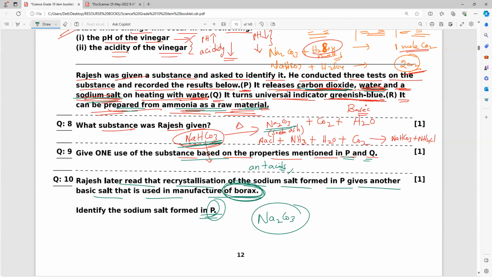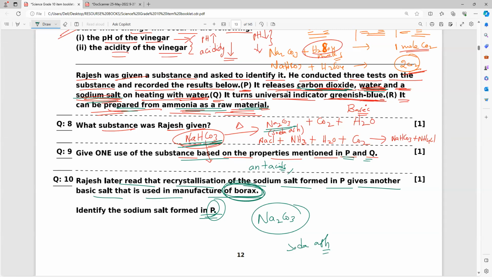Sodium carbonate. We can also call it soda ash.